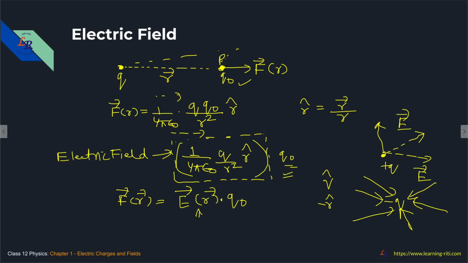So if this charge q0 is unity, let's say 1 coulomb, then the electric field is the force experienced when a unit point charge is brought to a given point in the electric field due to charge Q. That force is equivalent to the electric field. That is how you can define the electric field, and the SI unit of electric field is newton per coulomb.